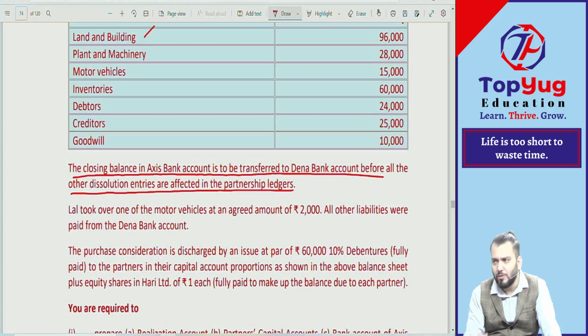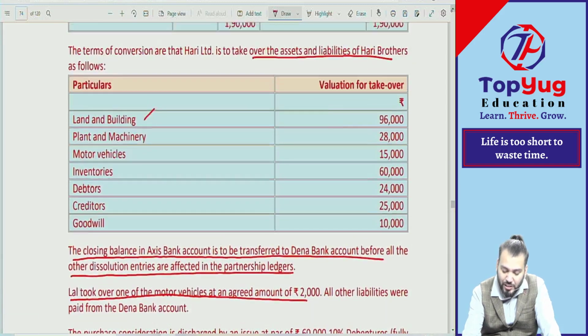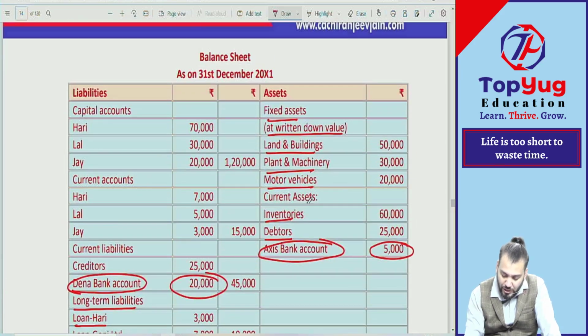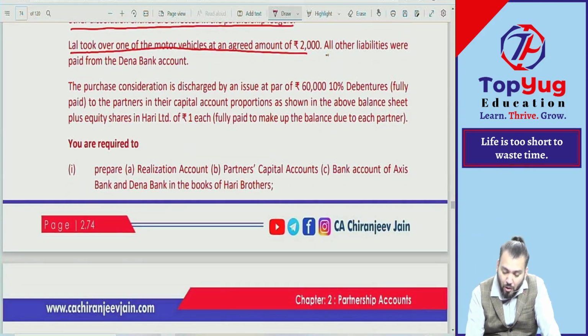Axis Bank account will be closed by transfer to Dena Bank account. Lal took over one of the motor vehicles at an agreed amount of 2000. Means one motor vehicle is taken over. So you can see this, there is one motor vehicle which is taken over, means not taken over by company. It is not taken over by company. All other liabilities were paid from Dena Bank account. Means other liabilities are paid from Dena Bank account.